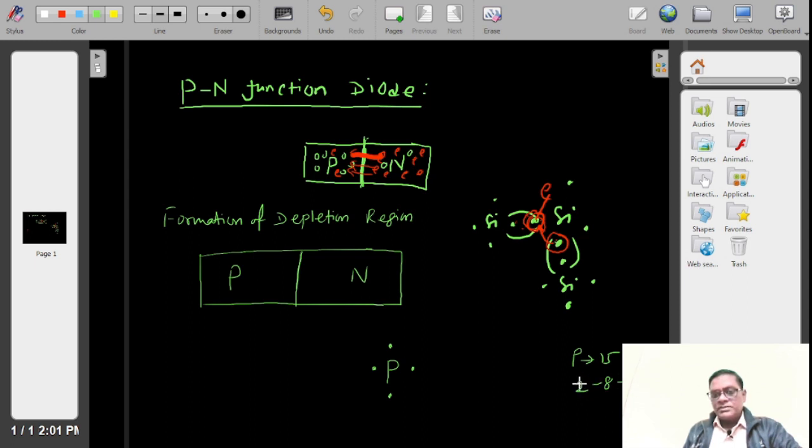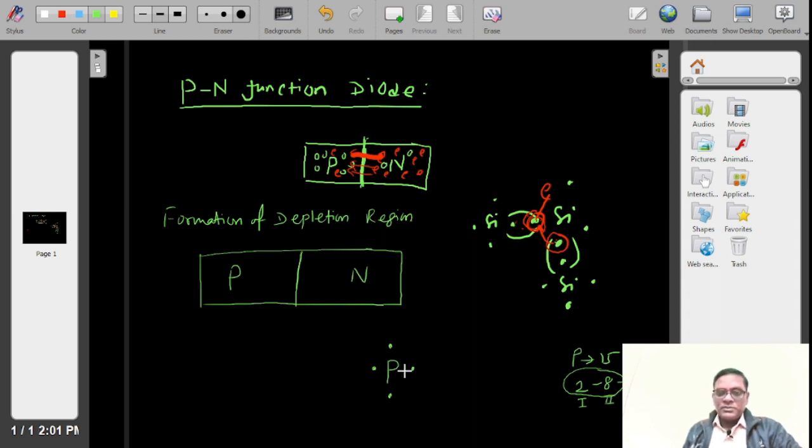These inner shells, the first orbit, second orbit, and here the third orbit, will not play any role. So we will avoid discussing the first and second orbits. Whatever happens will happen with the outermost orbit electrons only.